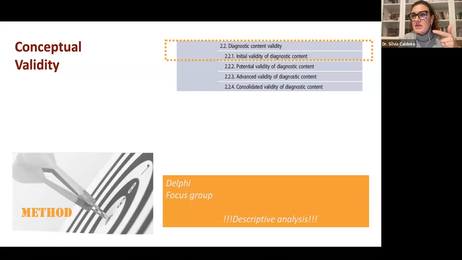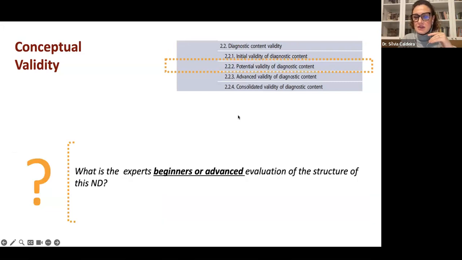We have here just descriptive. We don't want to analyze this. It's just in the dimension or the quality of describing what the expert beginners would say for that nursing diagnosis.